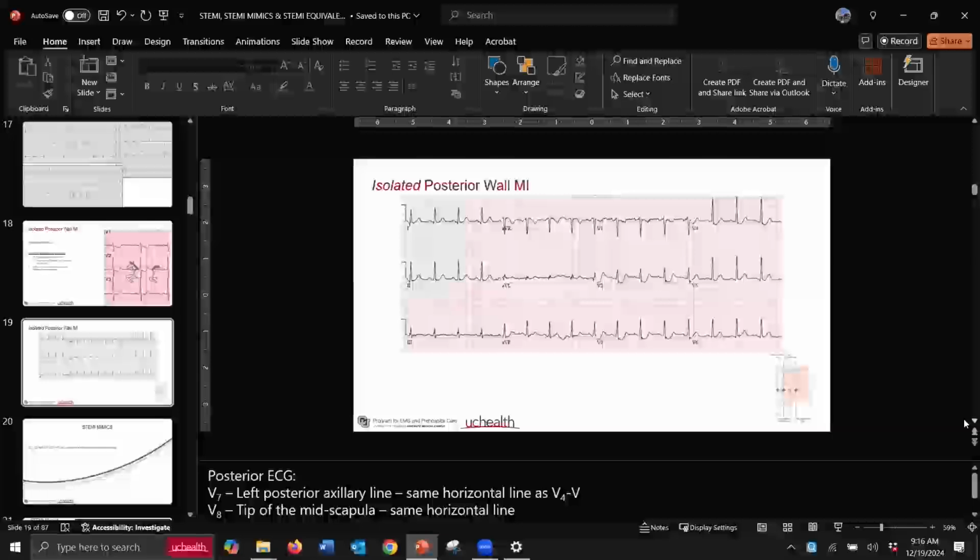Could you sit in that V2 and look like you're riding the carousel? And for you younger guys, that was a merry-go-round a long, long time ago. It depends. So you move then to your 7, 8, and 9, and that depression becomes elevation. That's confirmatory.